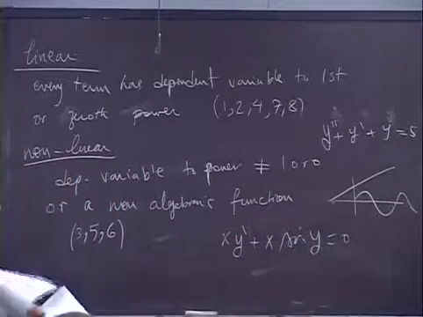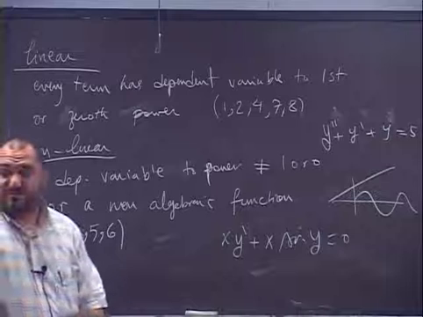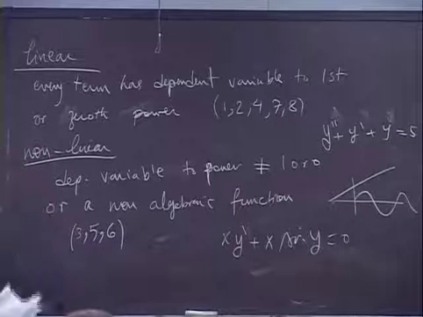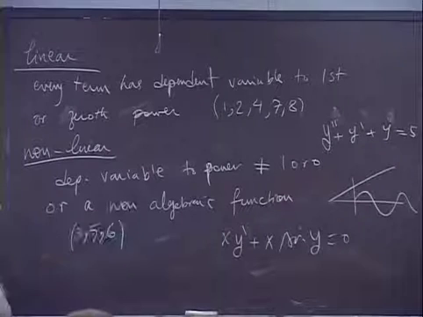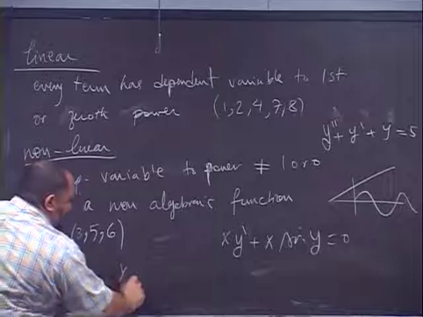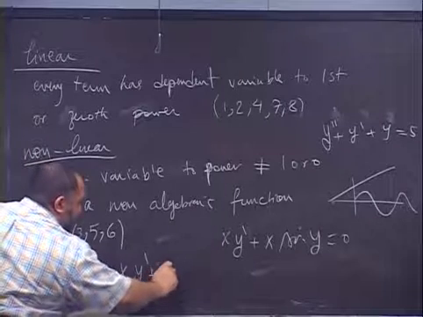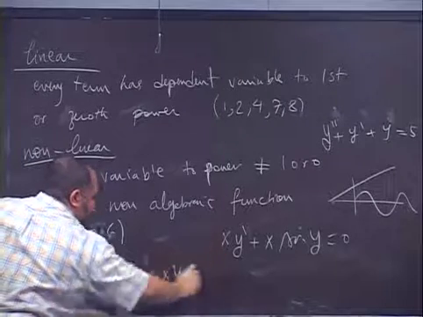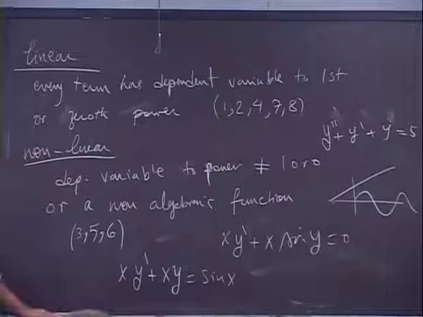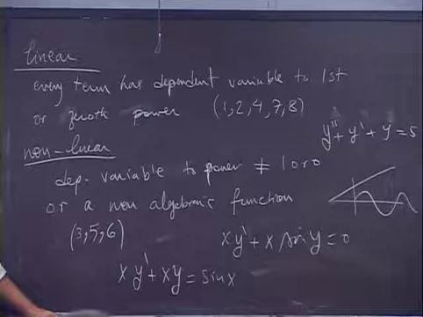So there's nothing to do with the independent variable. If you have this equation, let's assume this is the equation, exactly the same, plus xy instead of sine y is equal to sine x. So what's this? Linear equation. Okay?